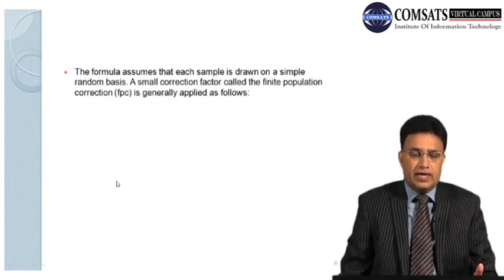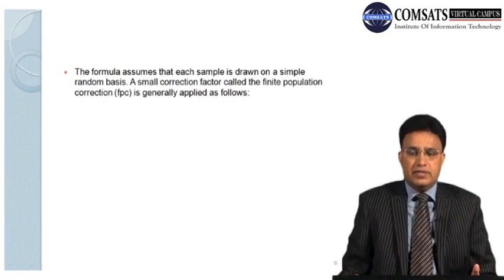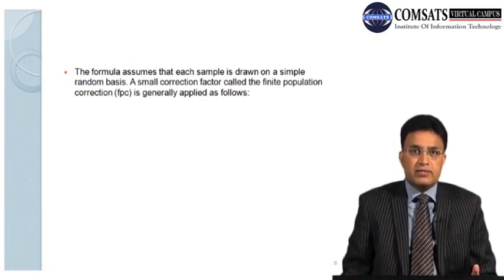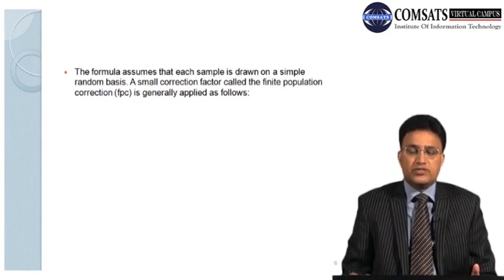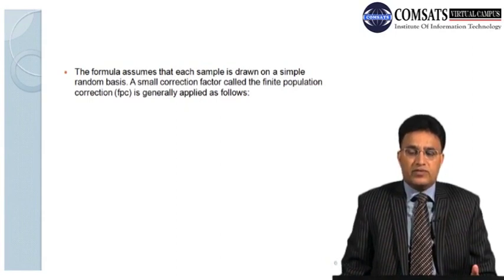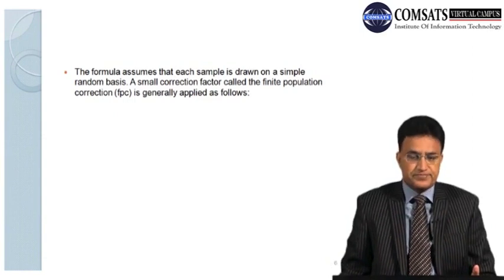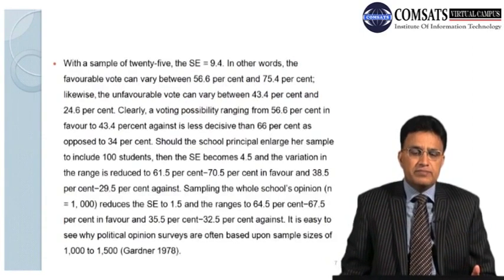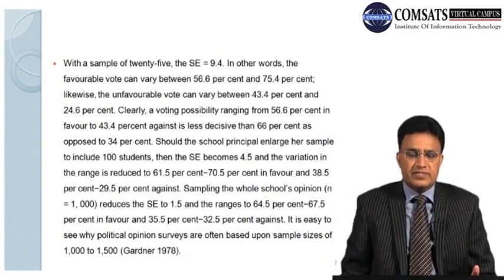This formula assumes that each sample is drawn on a simple random basis. A small correction factor called the finite population correction, or FPC, is generally applied as follows. With a sample of 25, the standard error would be 9.4.